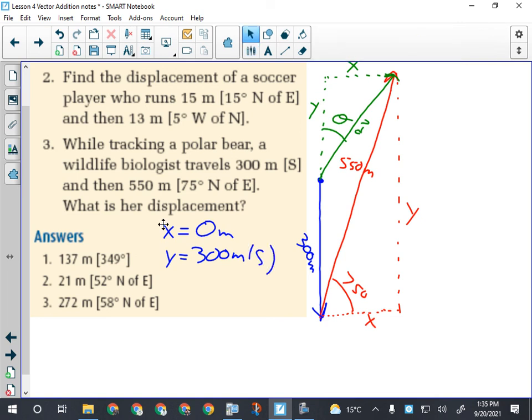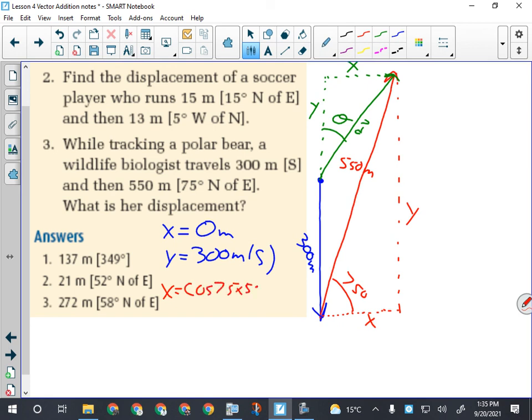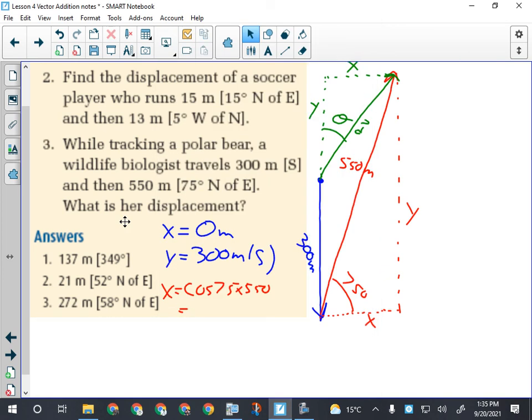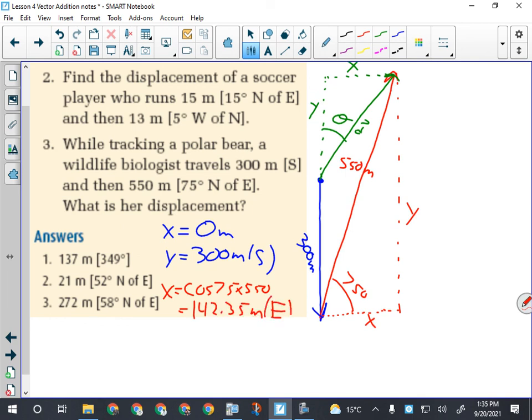Okay, I do have to do a little bit of trig for the red vector because I've got an angle for that one. Right? So red x is the adjacent side to my 75-degree angle. So I'm going to use cosine to get x. So that'll be the cos of 75 times 550 meters, the hypotenuse. Okay, so that side's going to be 142.35 meters East.